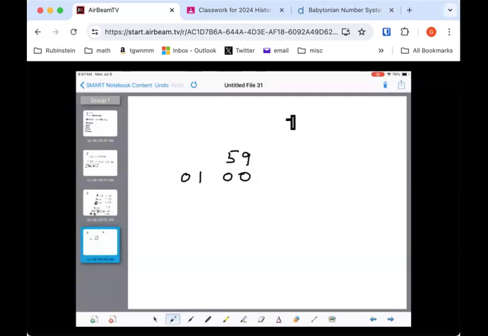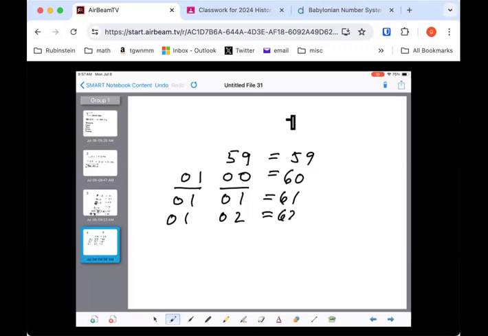Almost like 59 minutes turns into 1 hour. So this 59 is the number 59. But this 0100 is actually the number 60. And I'm going to explain this in more detail, but this is how they would write 61, sort of a 1 and a 1. That's how they'd write 62.